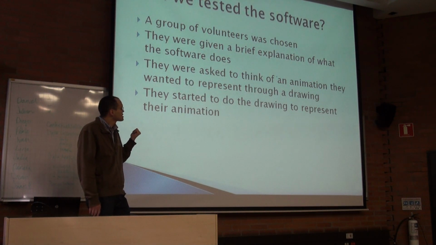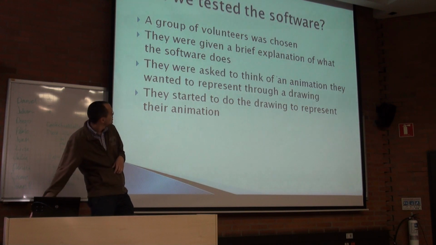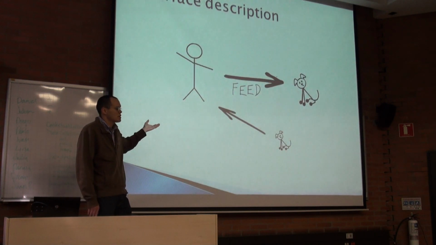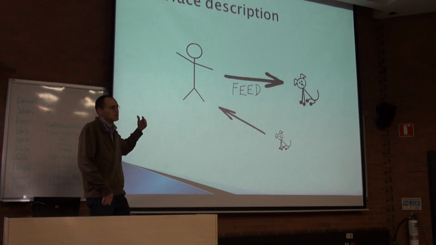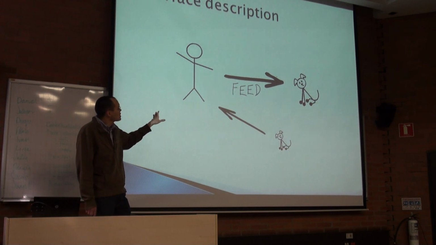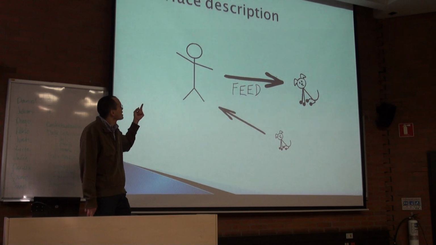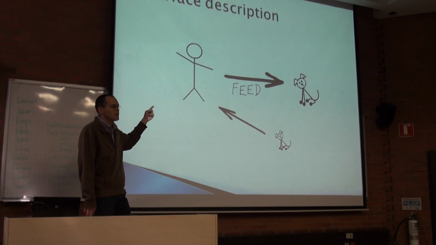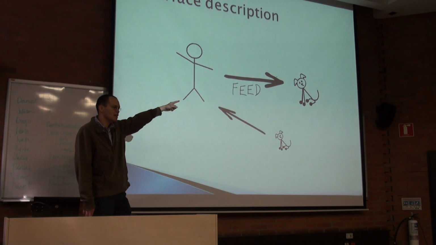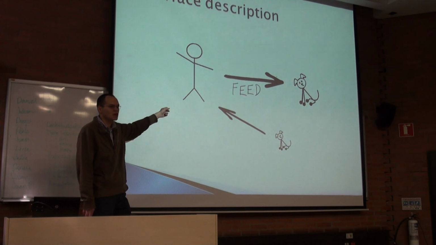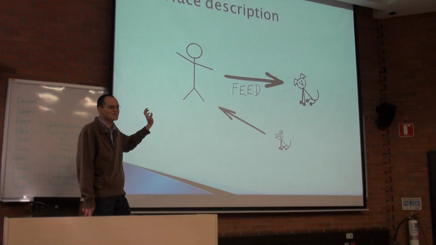Okay, they started to draw whatever they wanted, and some of them ended up with drawings like this one. For example, in this one, what the person wanted to say is there is a person feeding a dog, and when the other dog sees he's feeding that dog, he gets closer.